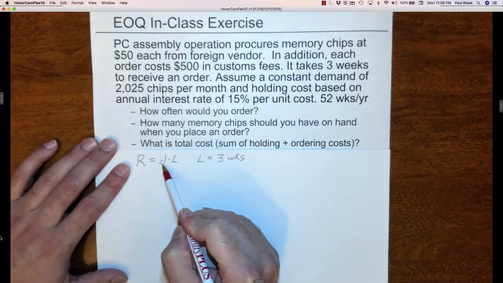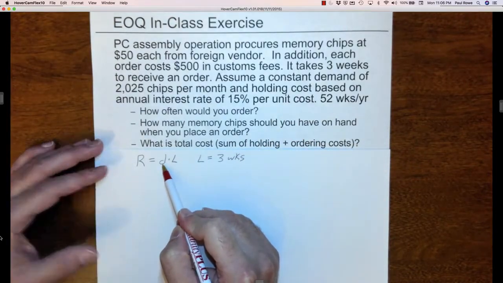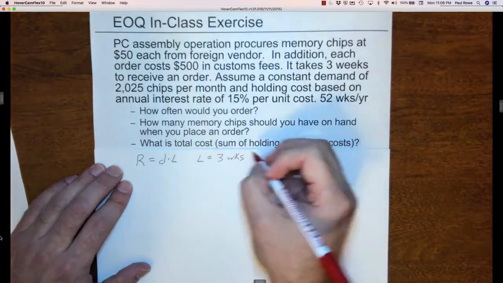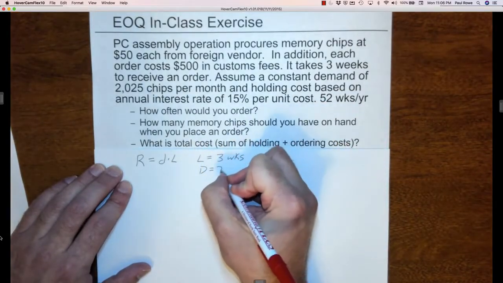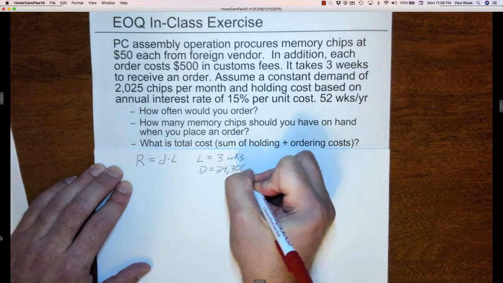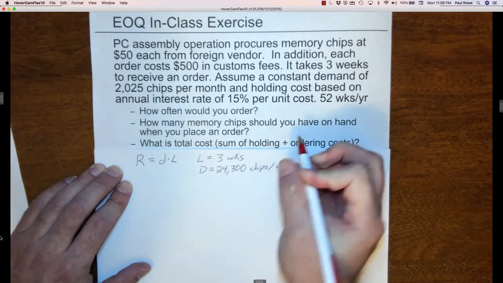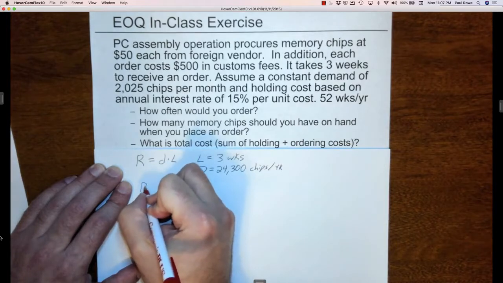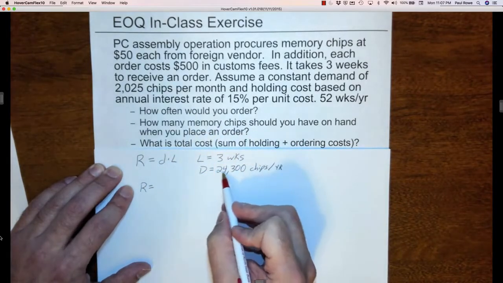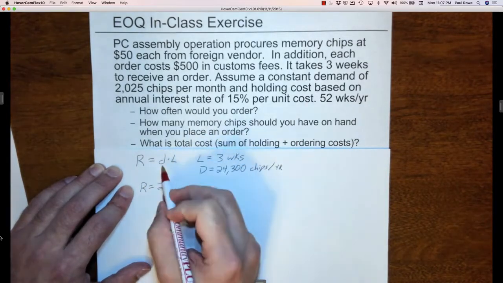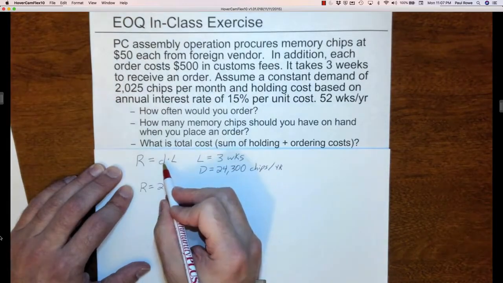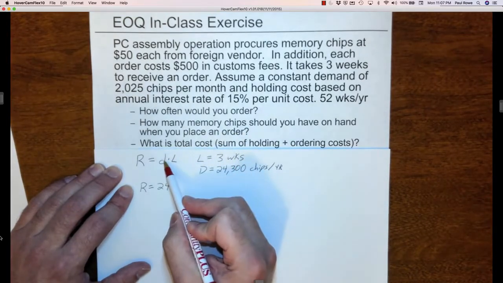And for D, we know that we had our annualized demand as 24,300 chips per year. So if I plug those values in, the little d doesn't necessarily have to be annualized.